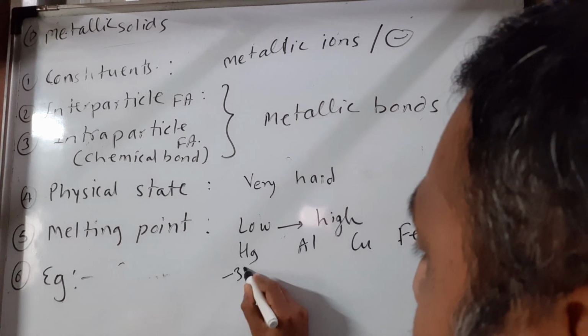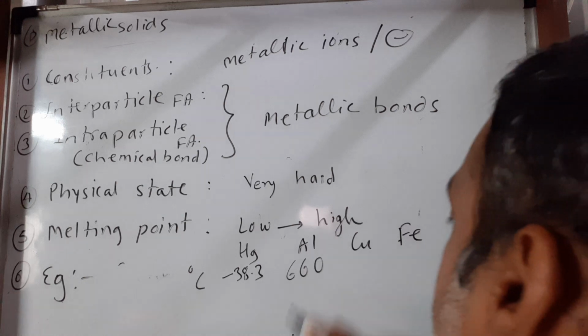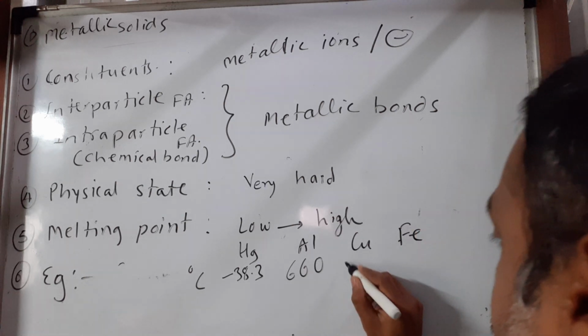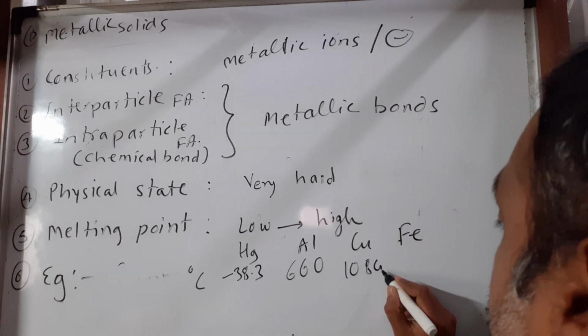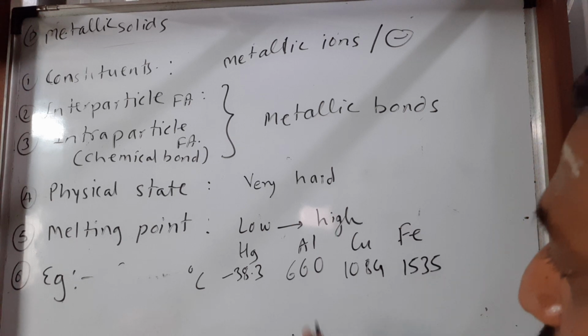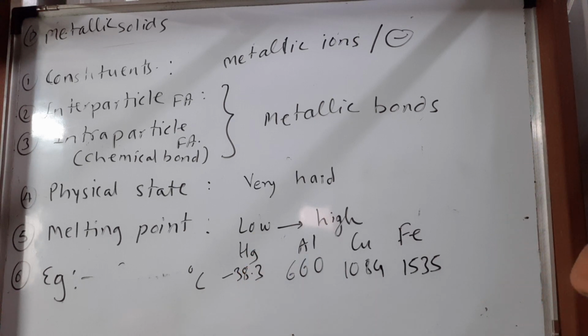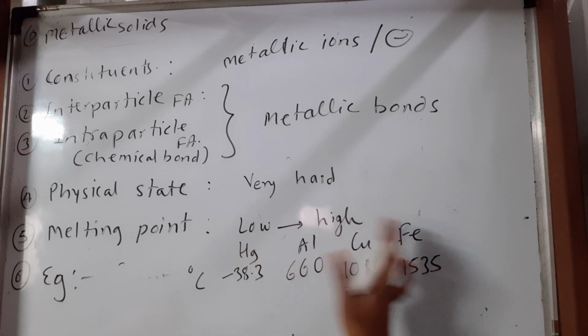Mercury melting point is minus 38.3 degrees Celsius, aluminum 660, copper 1084, iron 1535 degrees Celsius. So some have very low melting points, even a metal like bismuth. Generally metals have high melting points, some have low. You should write low to high.